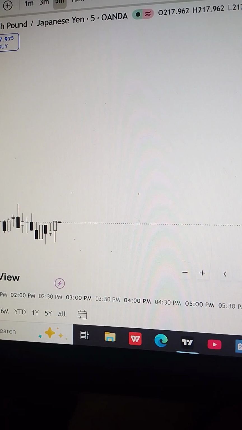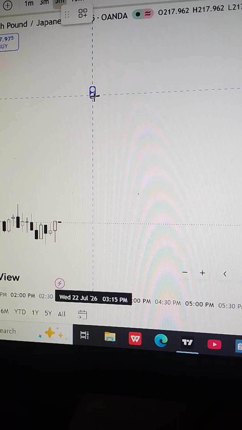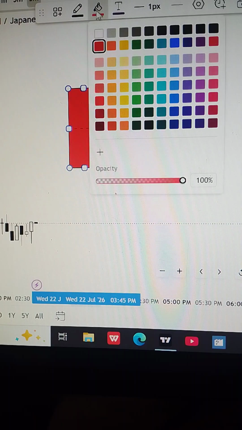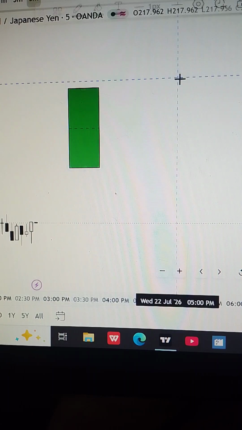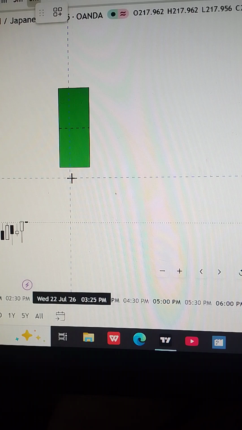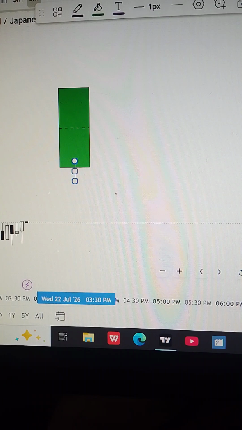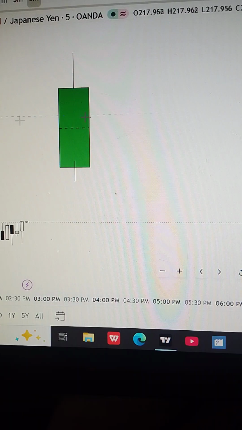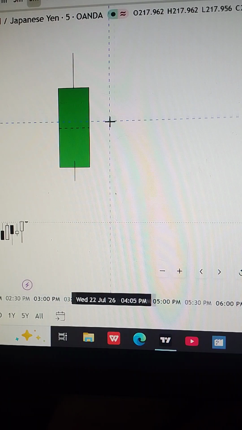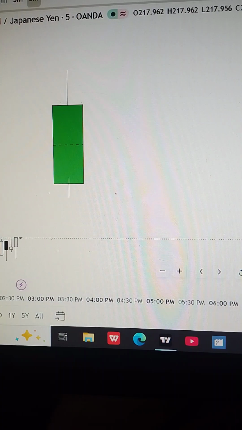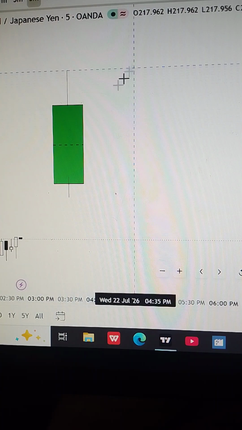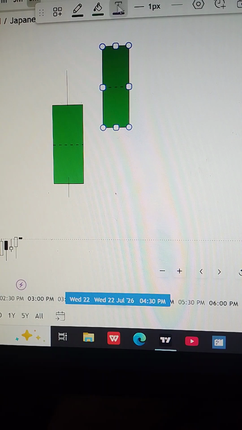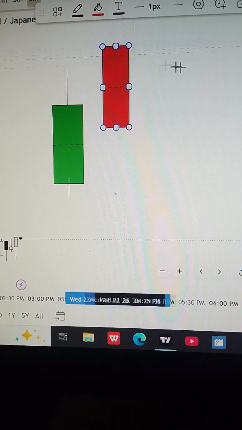So we have a green candlestick followed by a red candlestick. So this is a red candlestick.